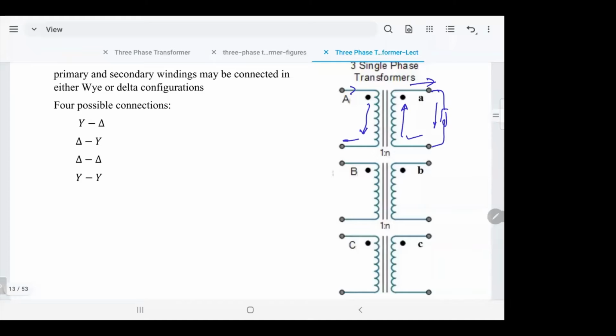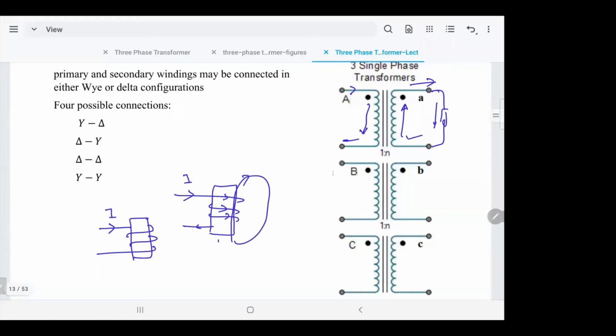For a simple reason. If you have a core or iron rod like that, and then you have the winding like that, and I'm not going to change the current direction. From the top of the iron rod, the flux will be in this direction, right?